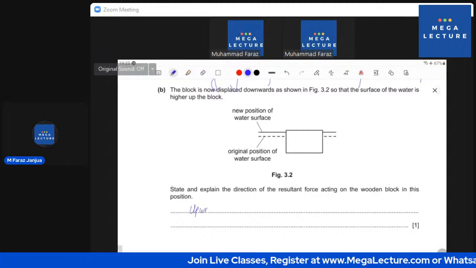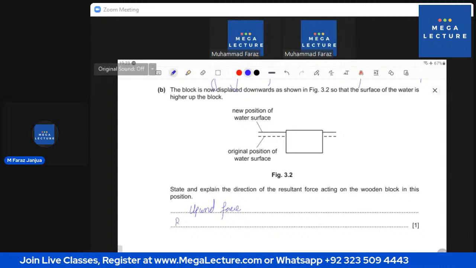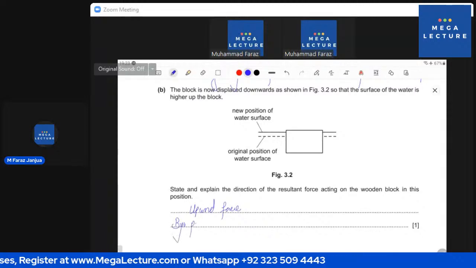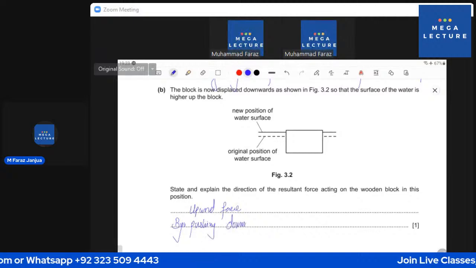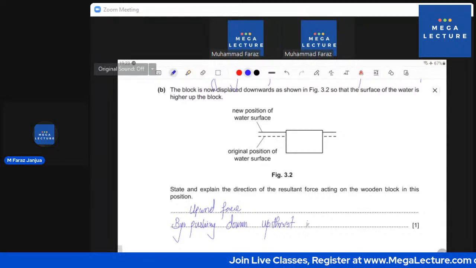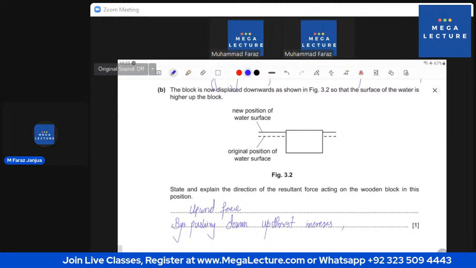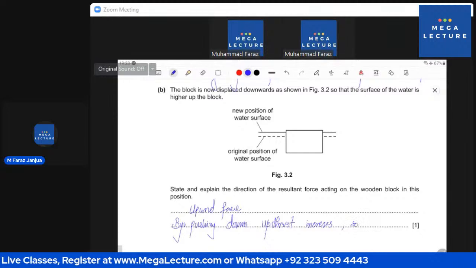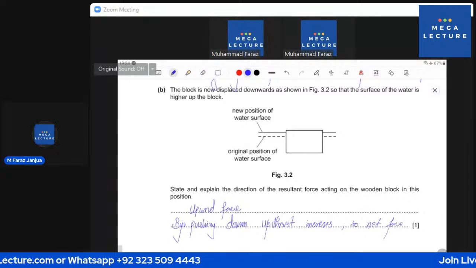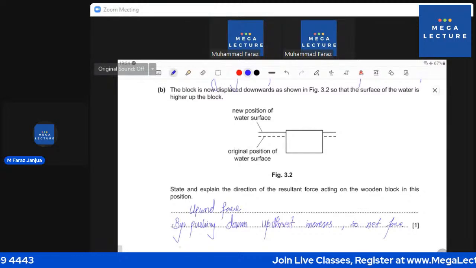By pushing down, upthrust increases. So net force is upwards.